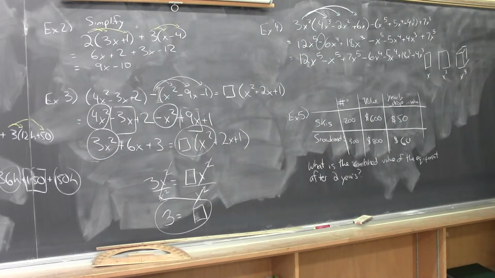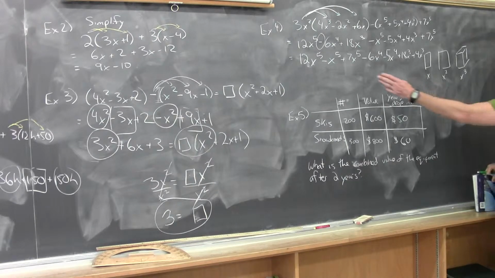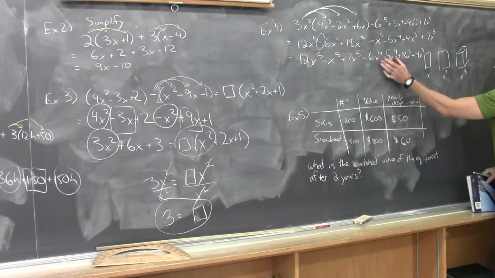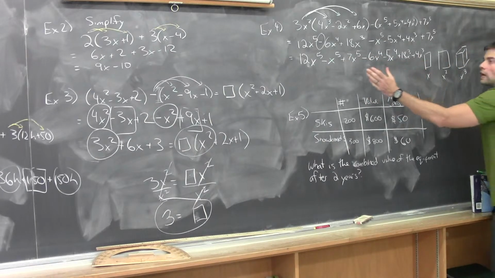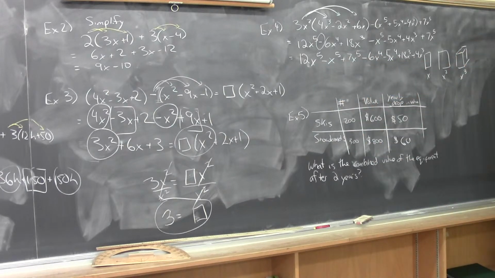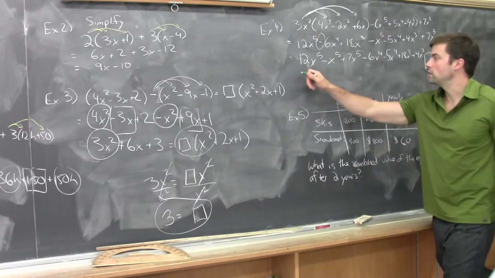So if it helps you to write this step, by all means, take the extra couple seconds and put all the 5s together, all the 4s together, and all the 3s together, and then do it. That might help you without missing negative signs. Now it's a little bit easier to see.